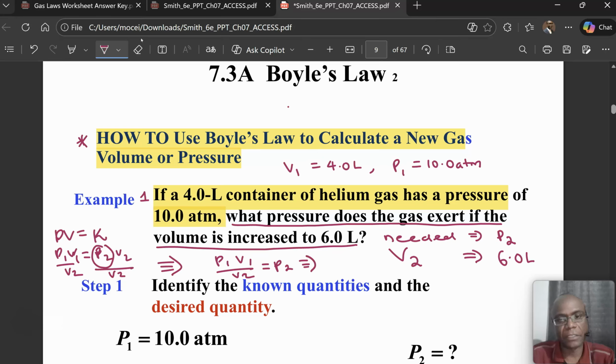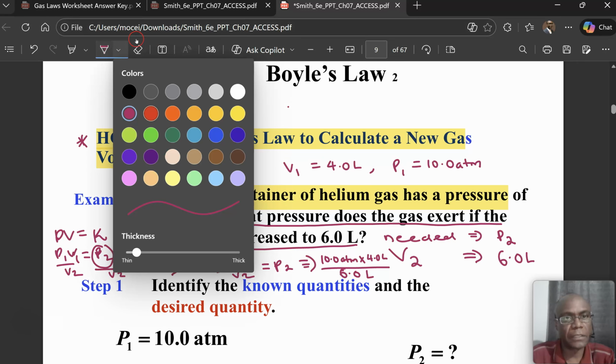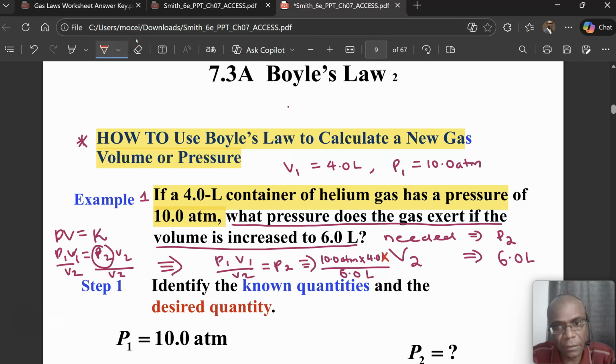Based on that, now you just plug in the numbers. 10.0 atm times 4.0 L divided by V2, which is 6.0 L. Now you can cross out the liters.